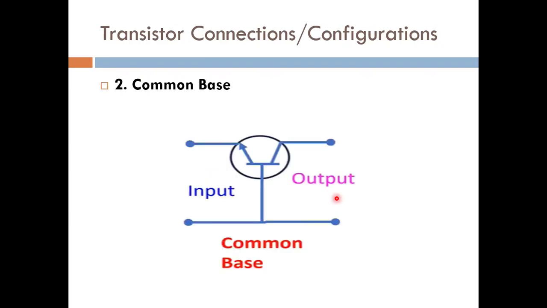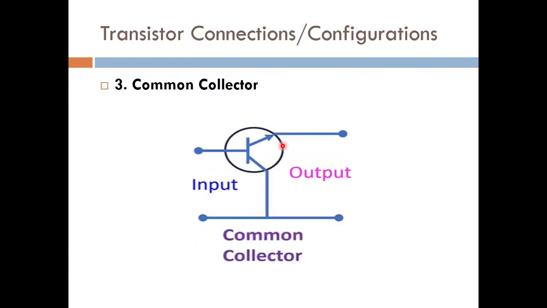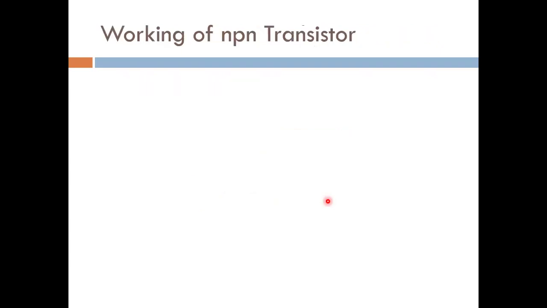Similarly, in common base, this is now the base terminal which is common in between input and output. And similarly, now common collector, so it's the collector side, which is common in between input and output, and each of the configuration has its specific characteristics which can be discussed later on.